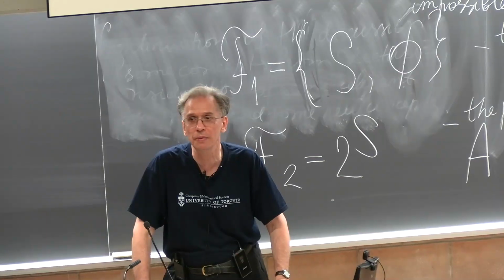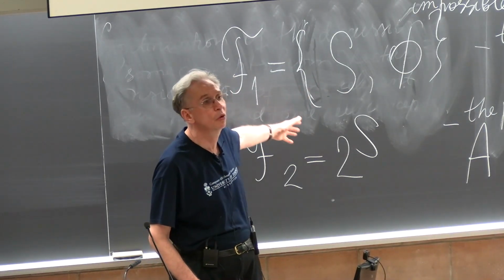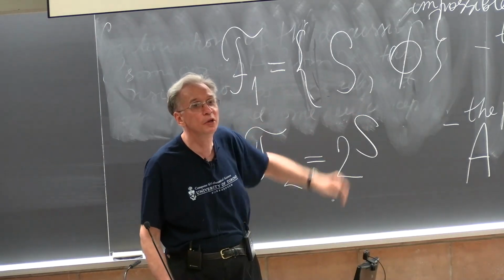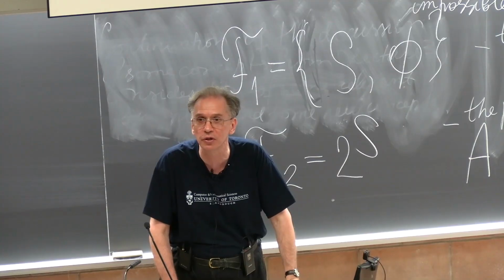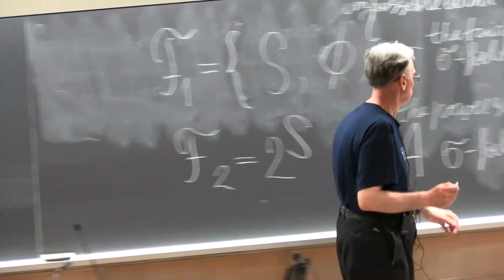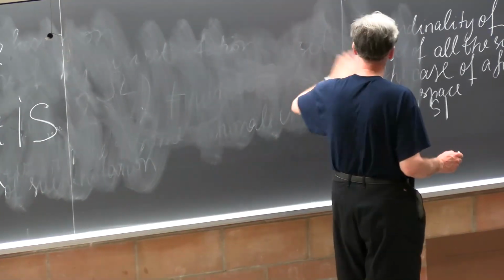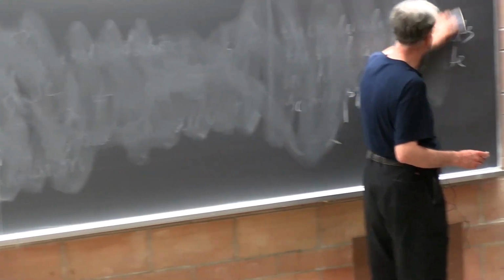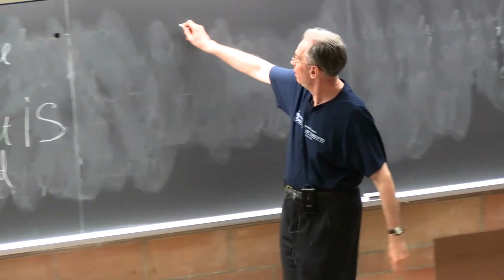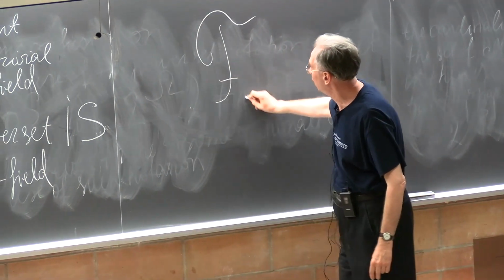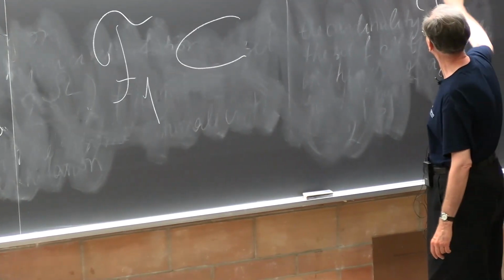There is more than one, there could be more than two. What about these two sigma fields? Which one is bigger? The answer is obvious. Of course, the power set, yeah? So clearly, script F1 belongs to script F2.